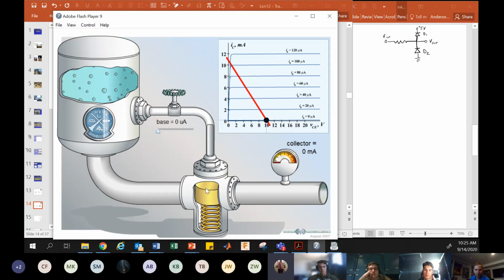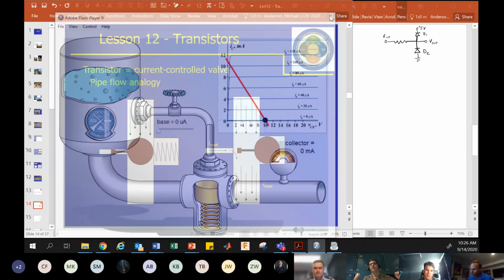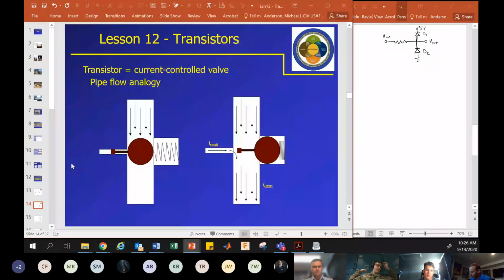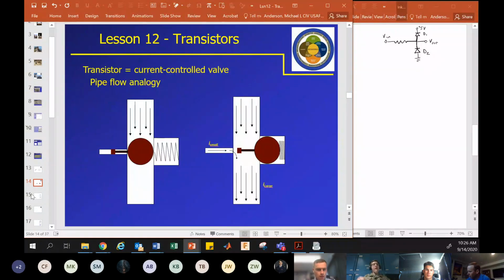I think we're getting a little bit of lag from the animation. Okay, well, let's see if we get lag on the writing. There's nothing I can do about it, but I hope we don't get that.